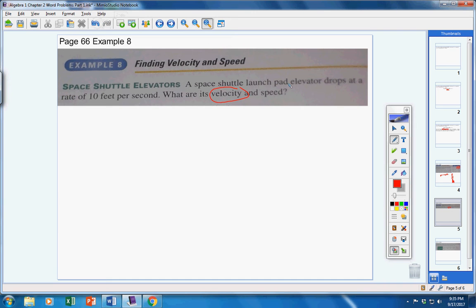Well, the pad elevator is dropping at a rate of 10 feet per second, so the velocity is negative 10 feet per second. However, the speed is always positive. It's just 10 feet per second. That's it. That's simple, guys. Velocity is positive or negative. Speed is always positive.